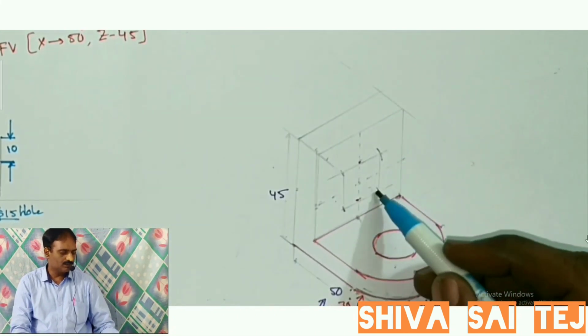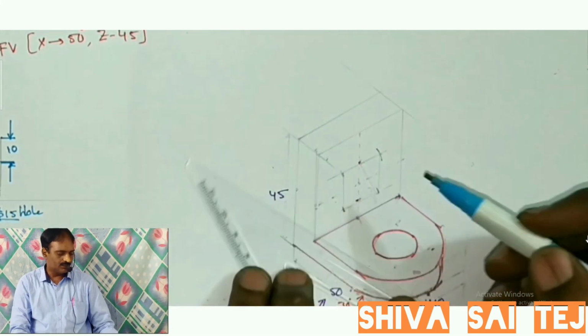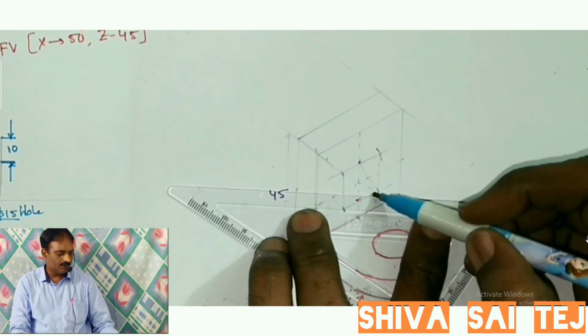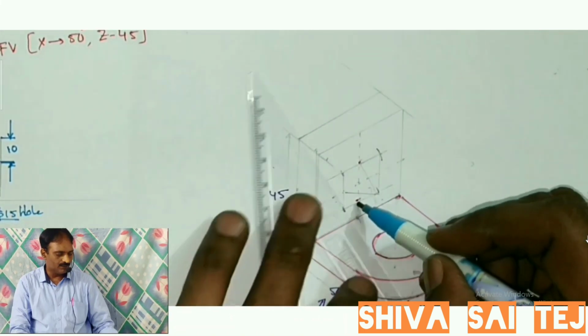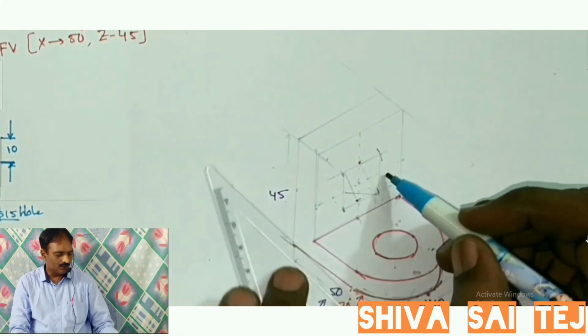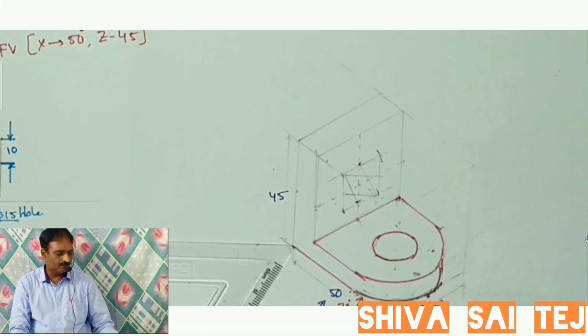So once the rhombus is completed, from the corners of the shortest diagonal, join onto the midpoints. Repeat the same procedure we have done earlier and draw the isocircle in that plane.